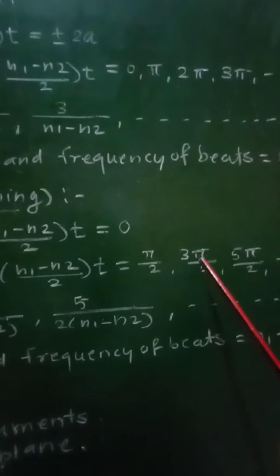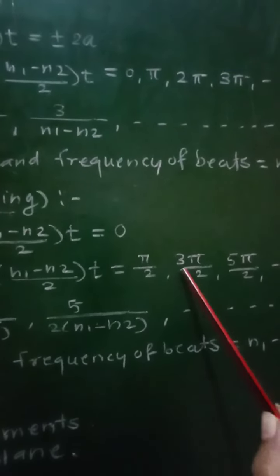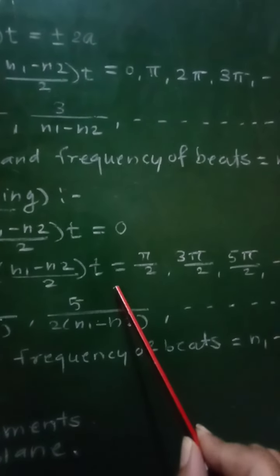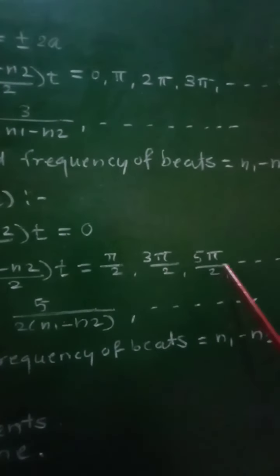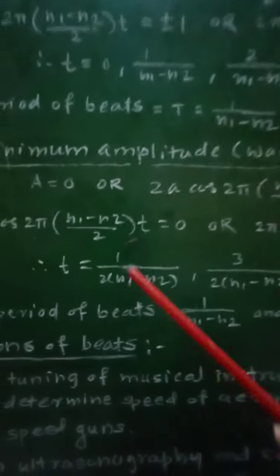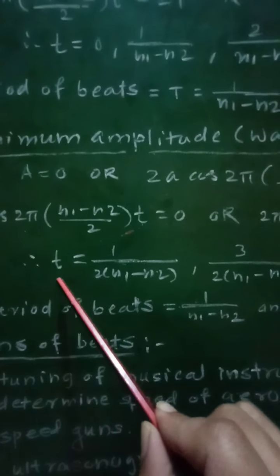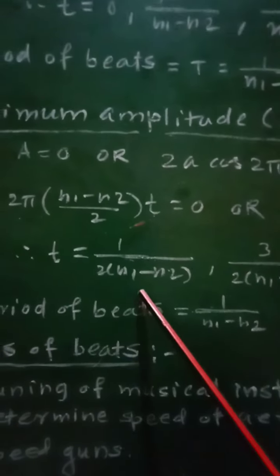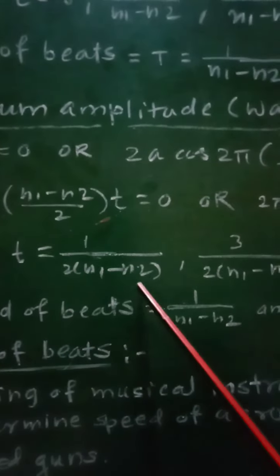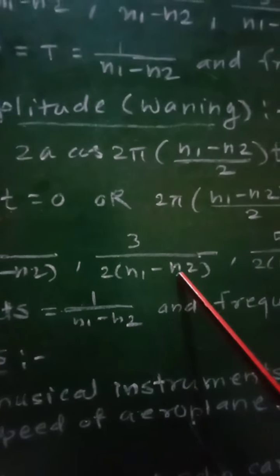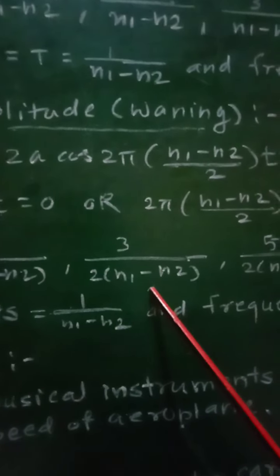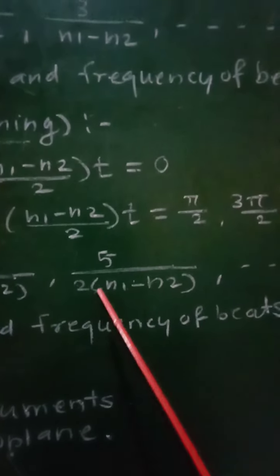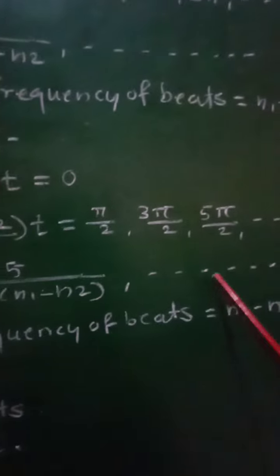Similarly for 3 pi by 2, if we put the value 3 upon 2 into (n1 minus n2), then we will get 3 pi by 2 and so on. And therefore the time intervals t will have the values 1 upon 2 into (n1 minus n2), 3 upon 2 into (n1 minus n2), 5 upon 2 into (n1 minus n2) and so on.